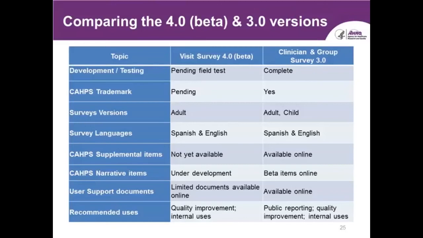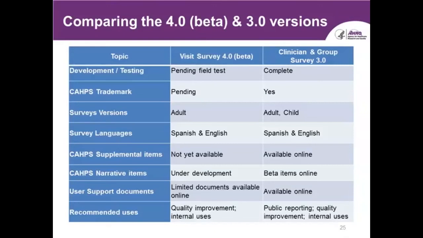For those of you who may be familiar with the Clinician Group 3.0 version of the survey, we wanted to provide a little bit of a comparison of how this new 4.0 beta visit survey compares to the Clinician Group Survey 3.0 that you may be familiar with.